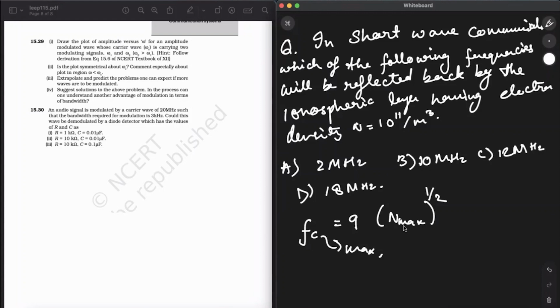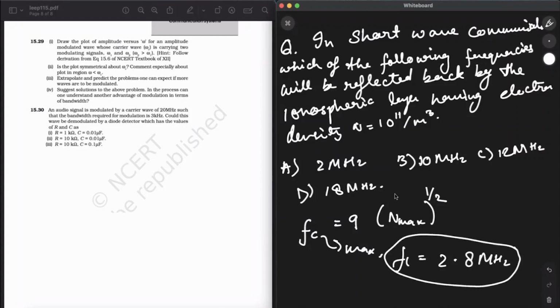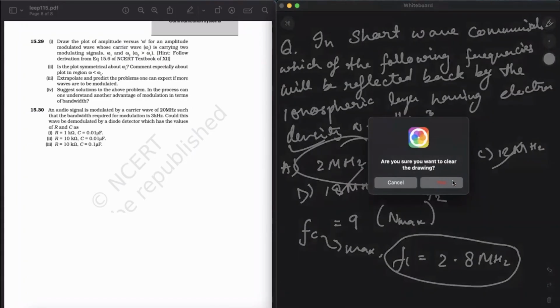Okay, so calculate this: 9 multiplied with 10 raised to the power of 11 by 2, which is 2.846, about 2.8. So FC maximum is coming out to be 2.8 megahertz. This is the maximum frequency that can be reflected back. So the others will not be reflected. So option A is correct.